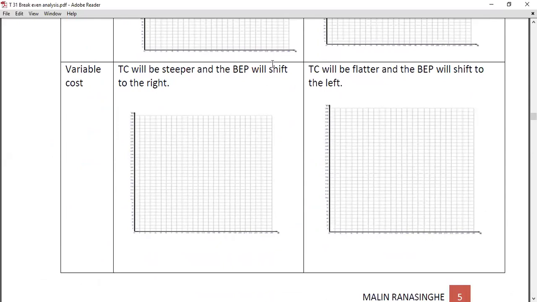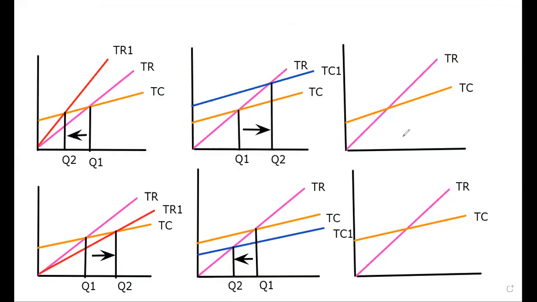Okay, let's go back to my whiteboard and see what kind of reaction in the break-even we can find from the variable cost changes. You can see now that as a result of the variable cost changes, there is an impact on our total cost. I'll draw the new total cost with the green color.